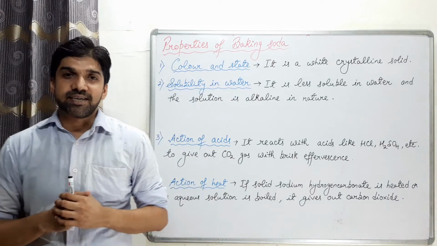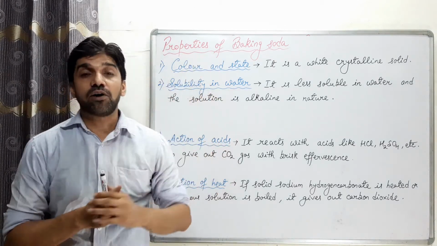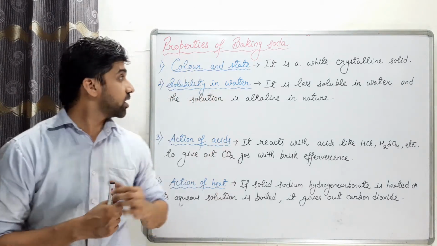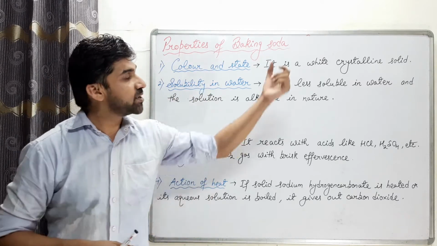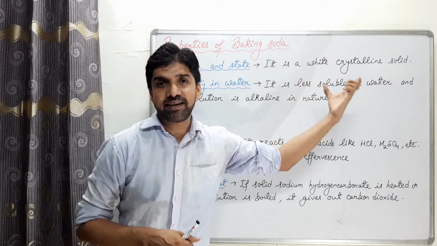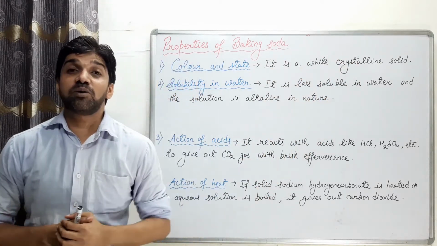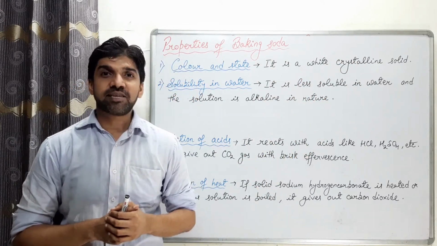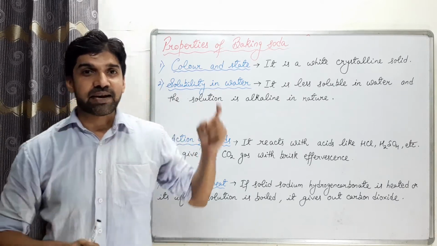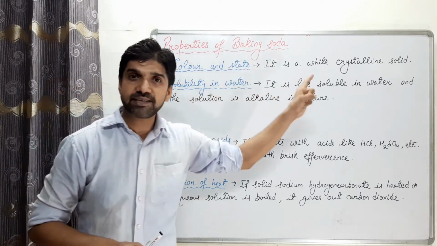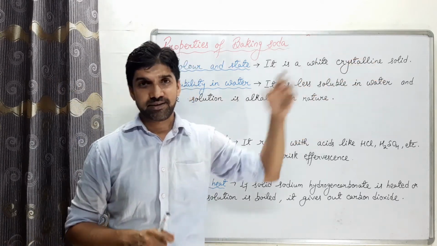Yes, now let's discuss the properties of baking soda. First of all, color and state. Baking soda is a white crystalline solid. What about washing soda? Washing soda is a transparent crystalline solid, and baking soda is a white crystalline solid.